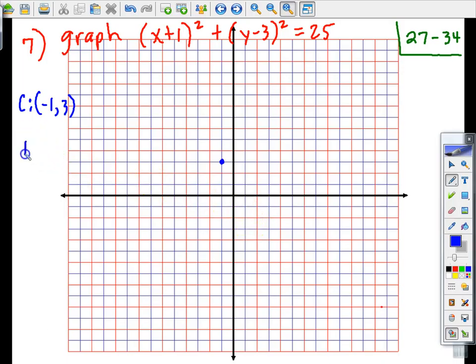The radius, this represents r squared. So r is just 5, the square root of 25. So to graph this circle, I'm going to start at this center, and I'm going to go out 5 units in 4 different directions. Up, down, left, and right.